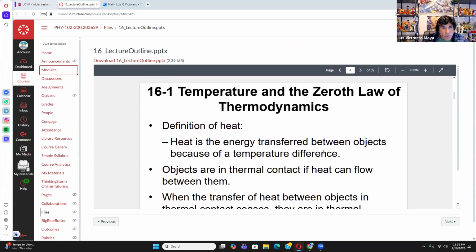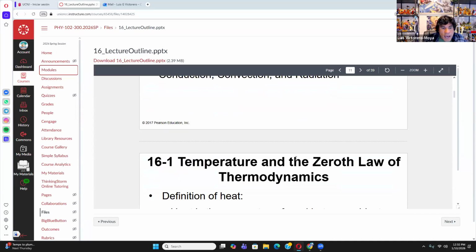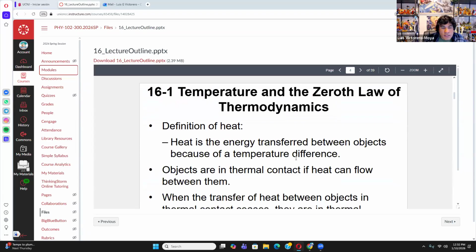Okay, so in terms of heat and temperature scales, many of you have discussed this either in high school or in chemistry. But when we are measuring temperature, we have different scales. We use Celsius, Fahrenheit here in the US, and Kelvin, mostly in science applications.